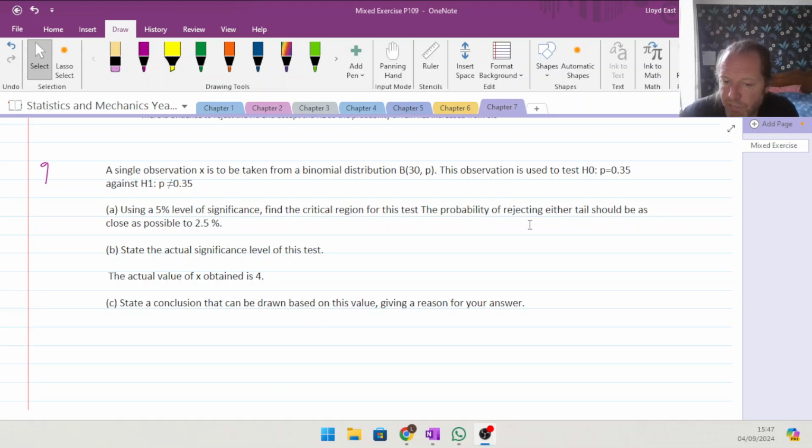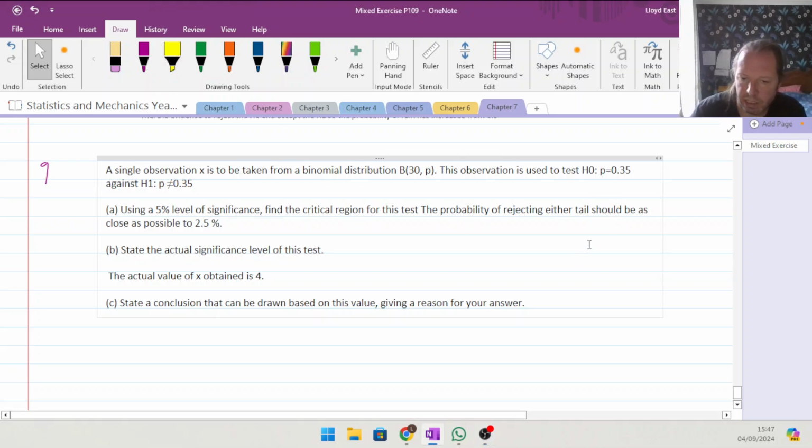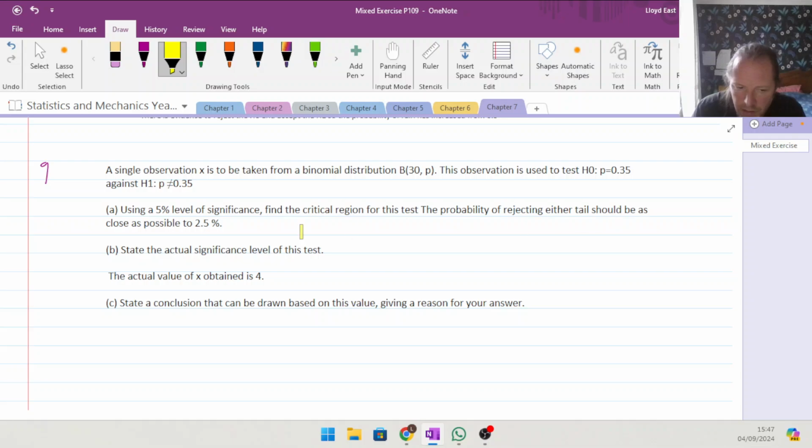The probability of rejecting in either tail should be as close as possible to 2.5%. Note that it should be as close to it as possible. Okay, so we are talking about as close as possible.